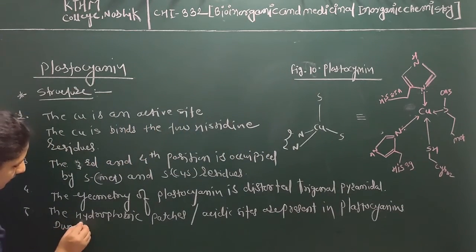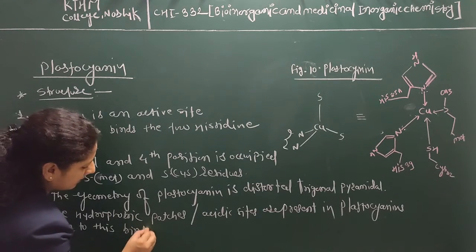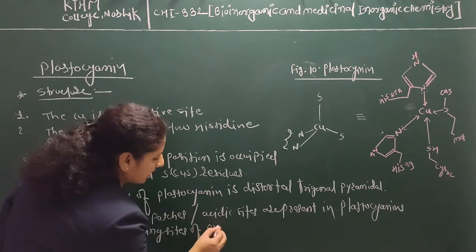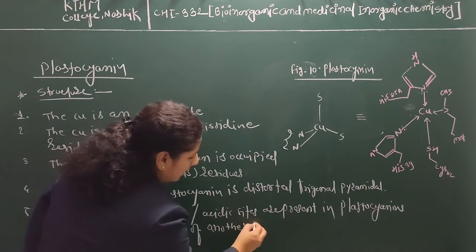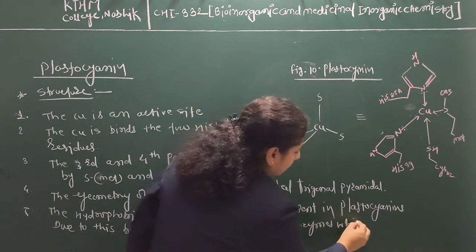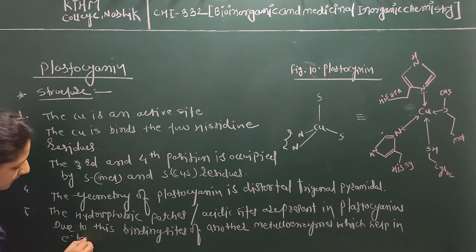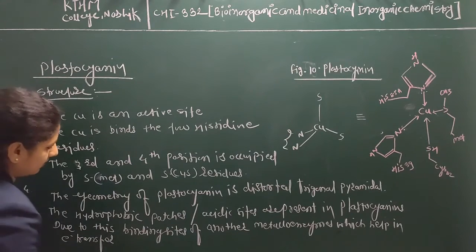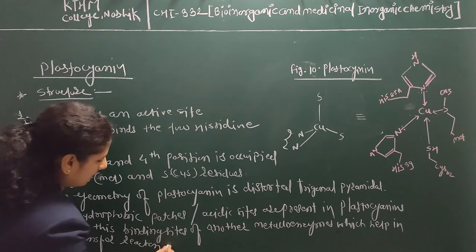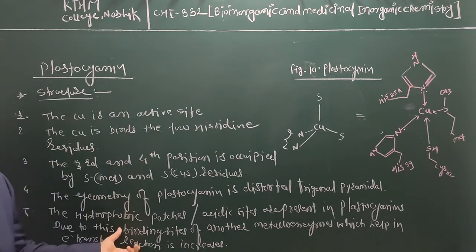Due to this, the recognition or binding sites of other metalloproteins or metalloenzymes, which help in the electron transfer reaction, increase. So this is the overall structure of plastocyanin.